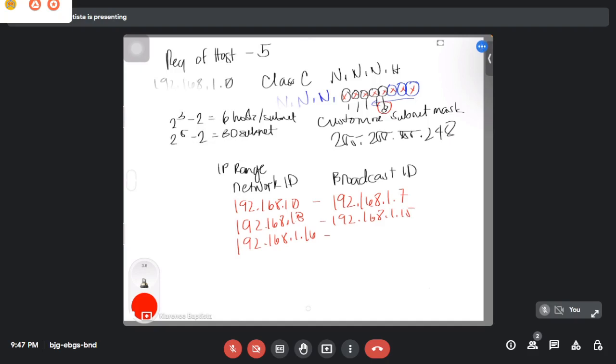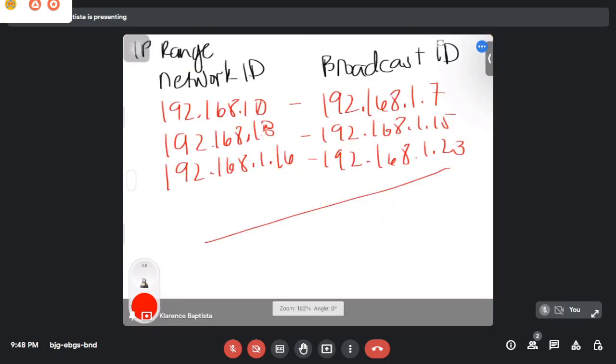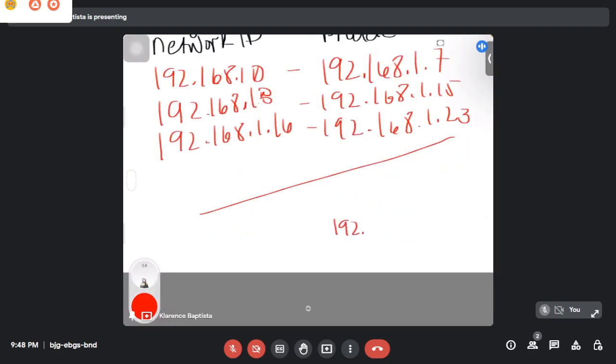Tapos ito po ay, dahil 8, 16, 24, so 192.168.1.23. Yan. So, slash na po tayo. Kunin ko muna yung pinaka-last part. We have 192.168.1.255 minus 7 equals to 192.168.1.248.